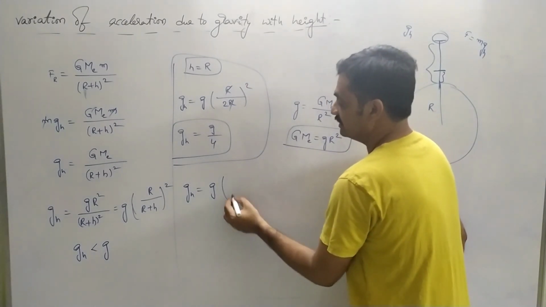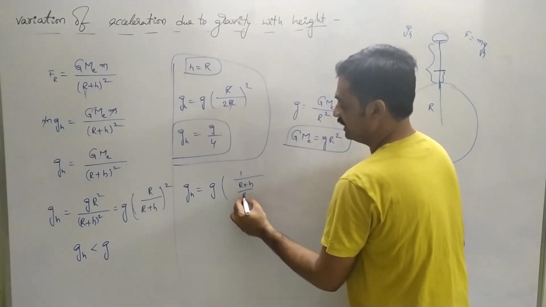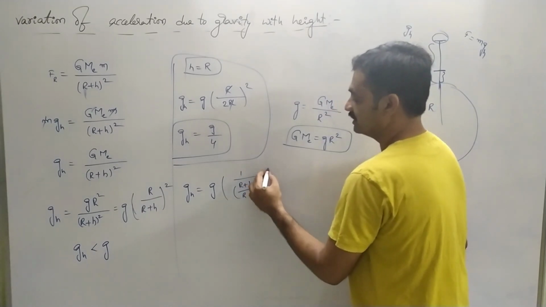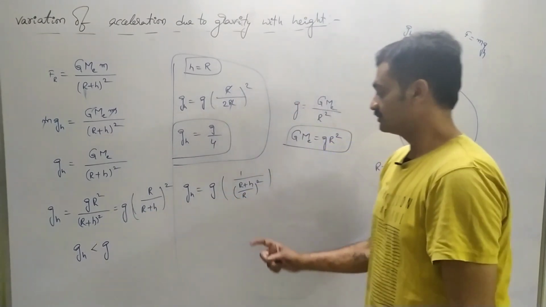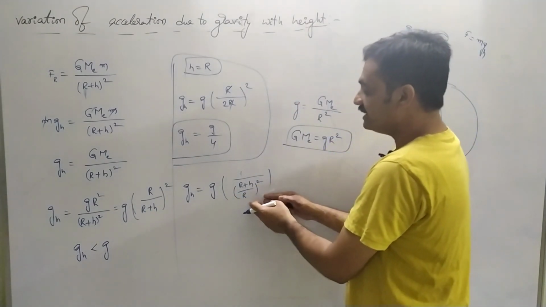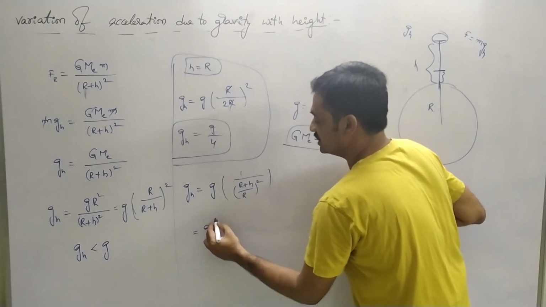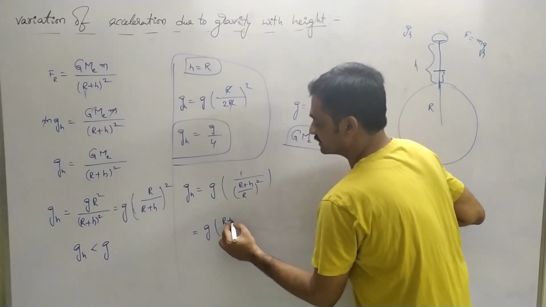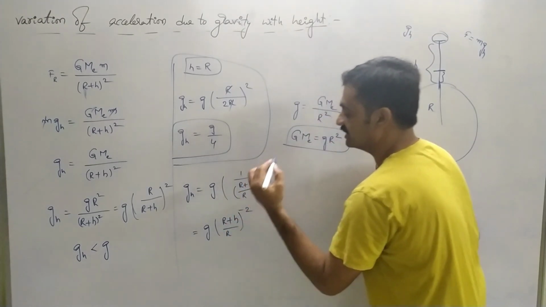Observe that here I am going to represent it as [(r + h) by r] whole squared. So once again, as we bring this upward, the expression can be represented as g into [(r + h) by r] whole to the power of minus 2.